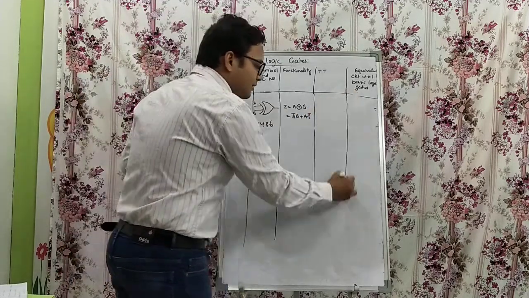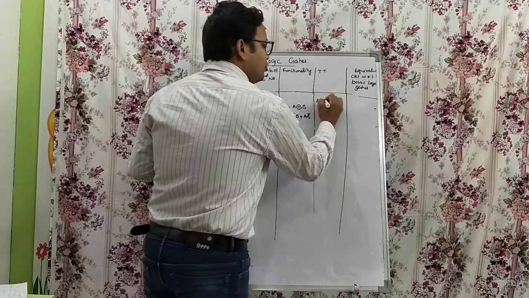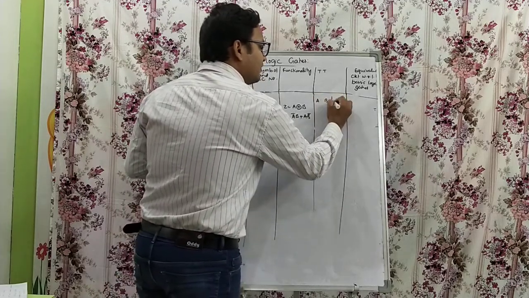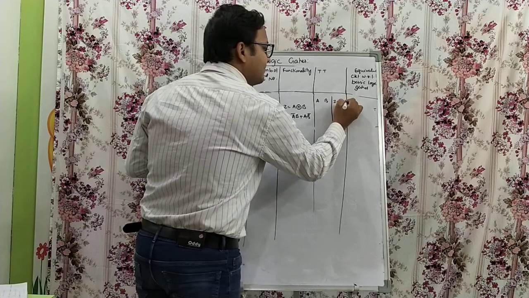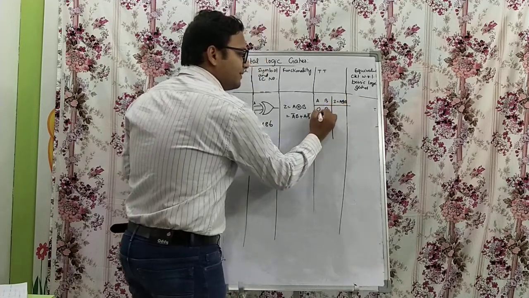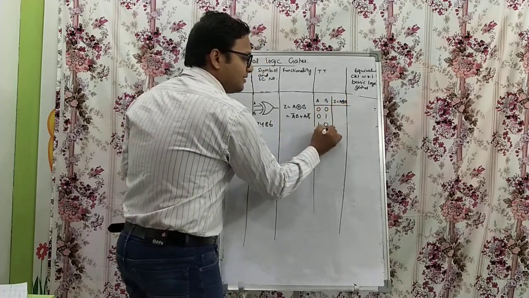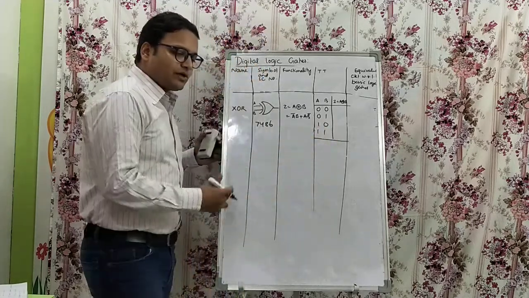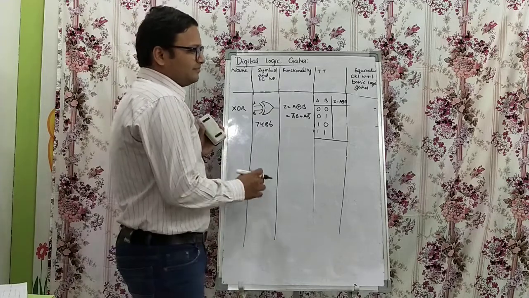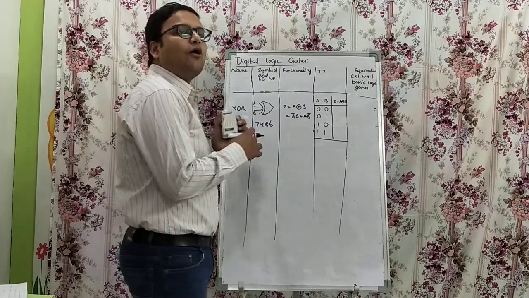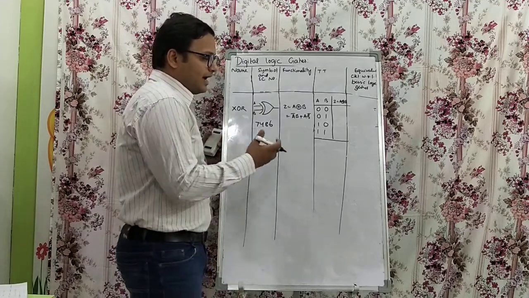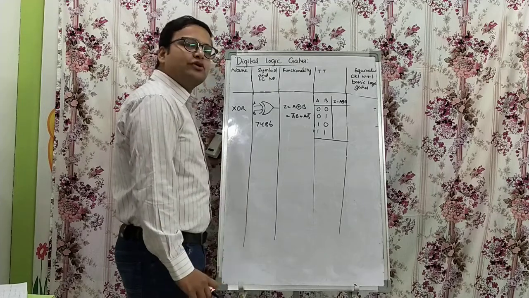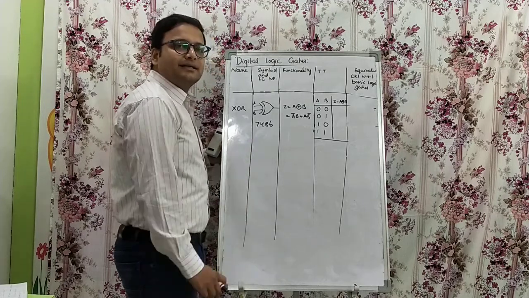And what is the truth table? Again it's two variables, so it's 2 to the 4 number of combinations, A XOR B: 0 0, 0 1, 1 0, and 1 1. It's also called the odd input odd one gate.